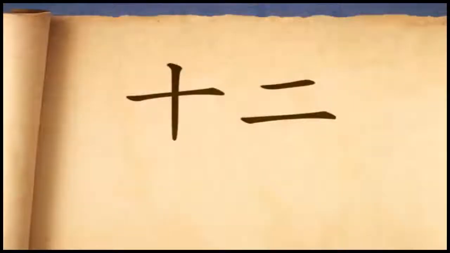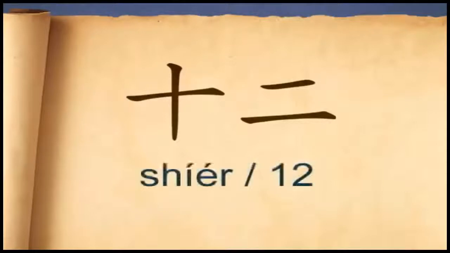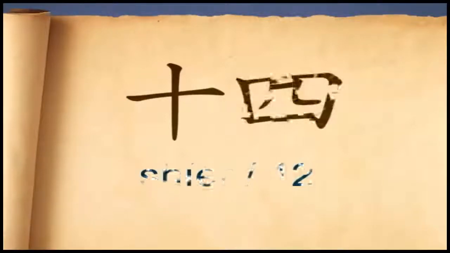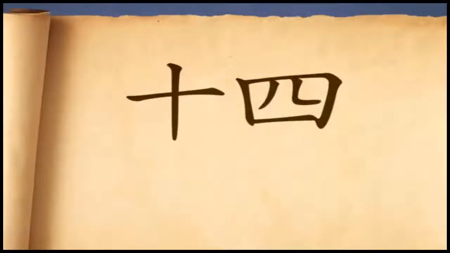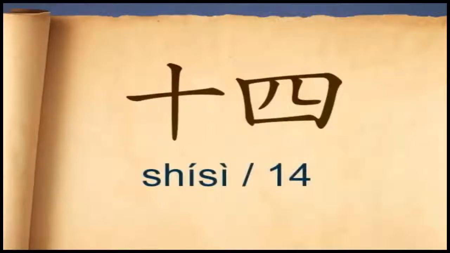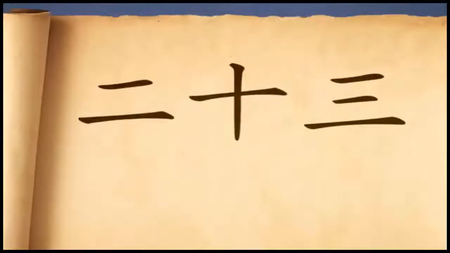Now, I'll call out a few numbers. See if you can understand them and tell me what I said. 12. What did I say? Correct. I said 12. 14. What did I say? Yes, 14. 23.